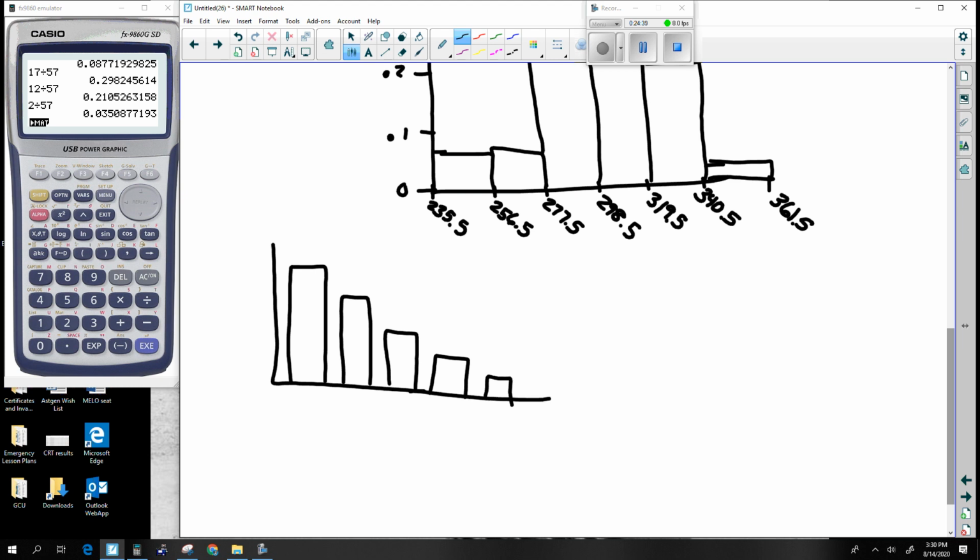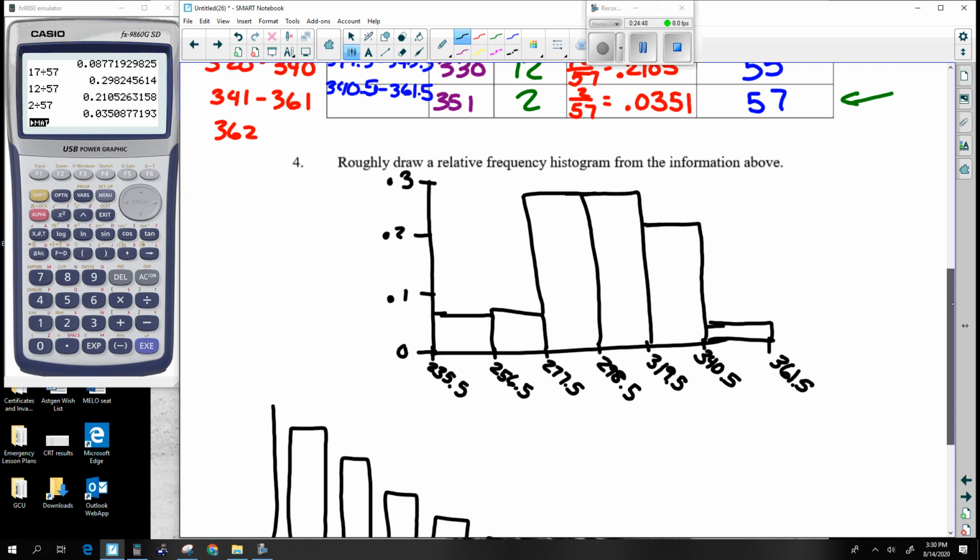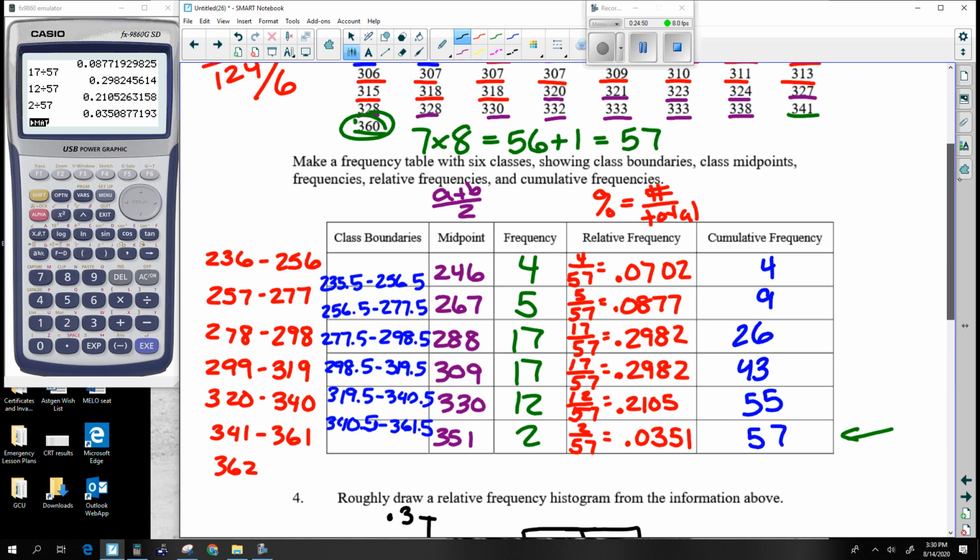Ta-da, the bars are separated and they go downhill. Got yourself a Pareto chart. Histogram, bars touch, they can go up and down, and then this is your frequency table process. Those 3 things are going to be on the test.